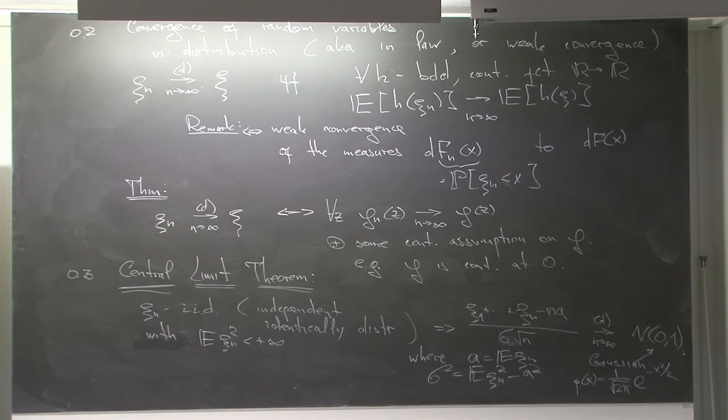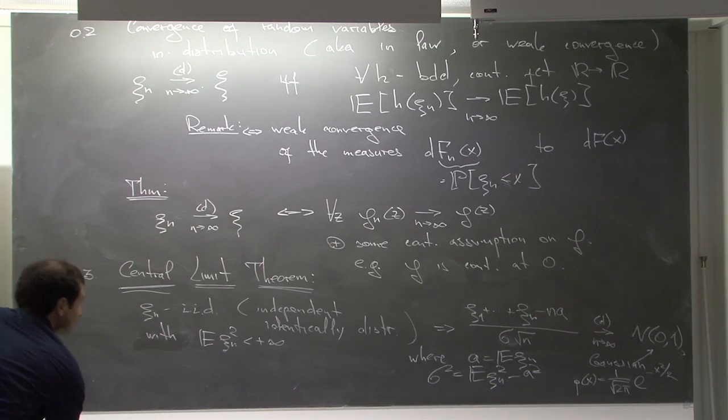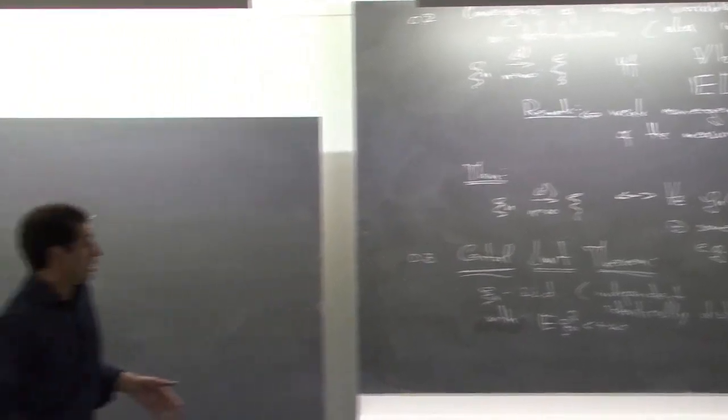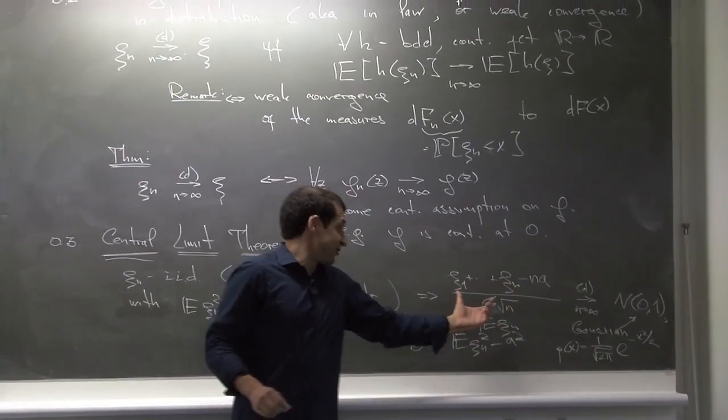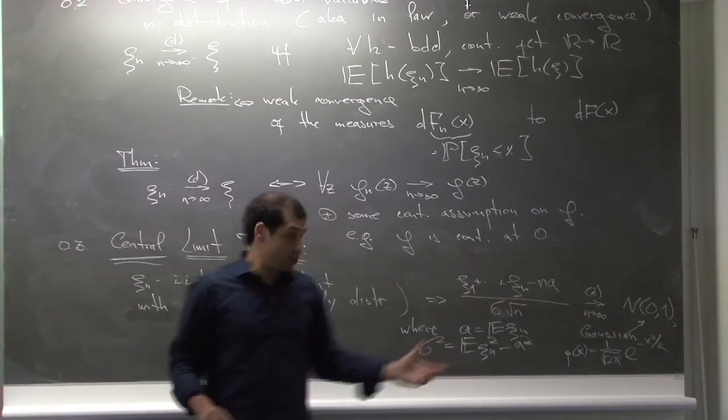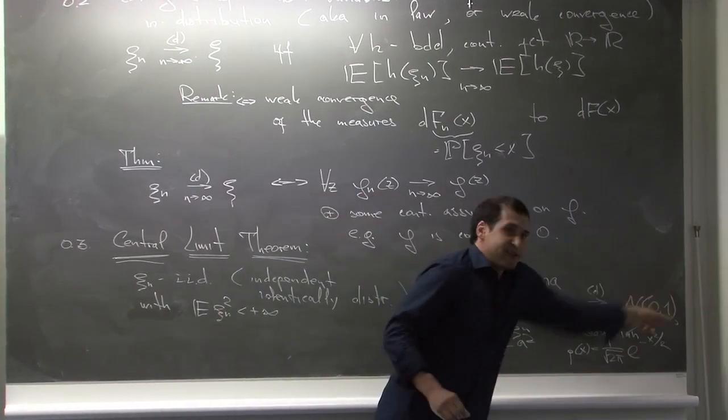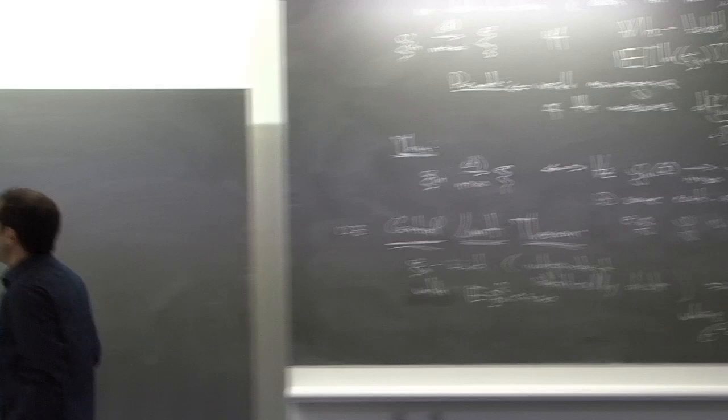So as you might guess, or just remember from the introduction, the only thing one should do is to write down the characteristic function of this object and to see it converges to the characteristic function of this object. So the proof.